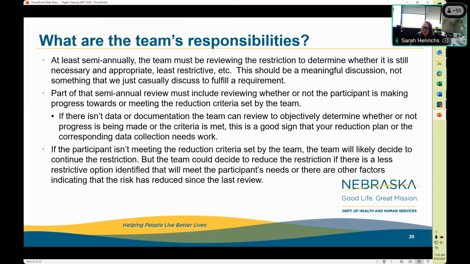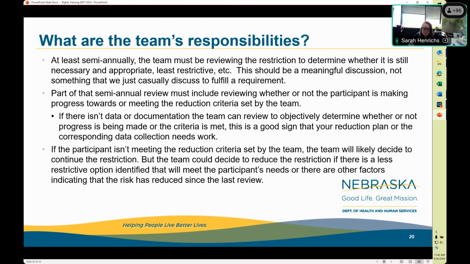We require semi-annual review of those restrictions, and that means reviewing whether the restriction continues to be necessary and appropriate, and whether it continues to be the least restrictive method by which we can mitigate that risk. Part of that should be reviewing a participant's progress towards the reduction plan using any data, evidence or documentation that the provider has kept, or that you've gotten from physicians or therapists.